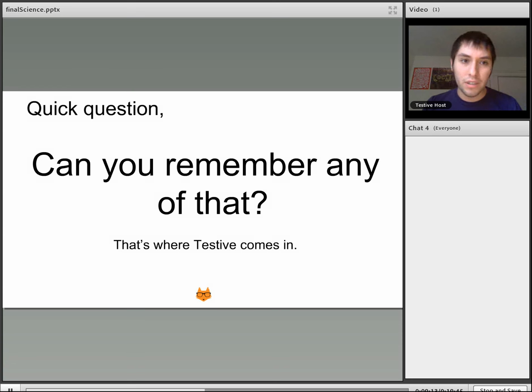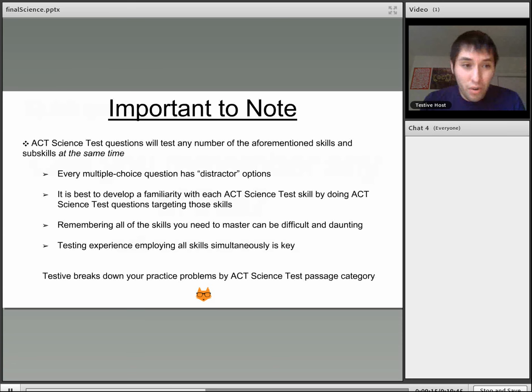So just important to note here, the ACT science test questions will test any number of the aforementioned skills and subskills at the same time. Yes, they're divided by different types of texts, but the skills that you need to answer questions for one type of text are usually useful for answering certain questions on other types of texts.